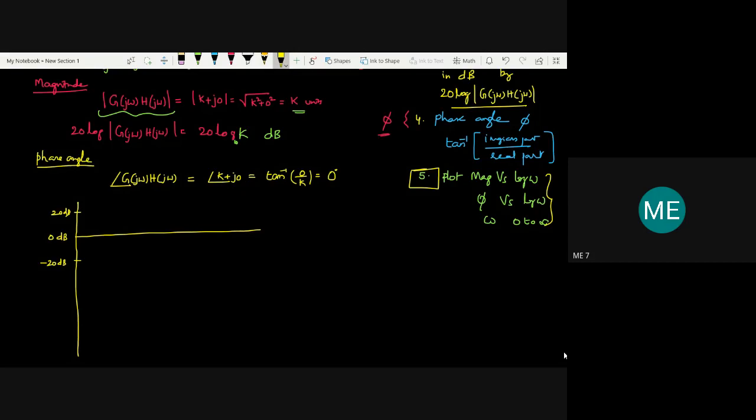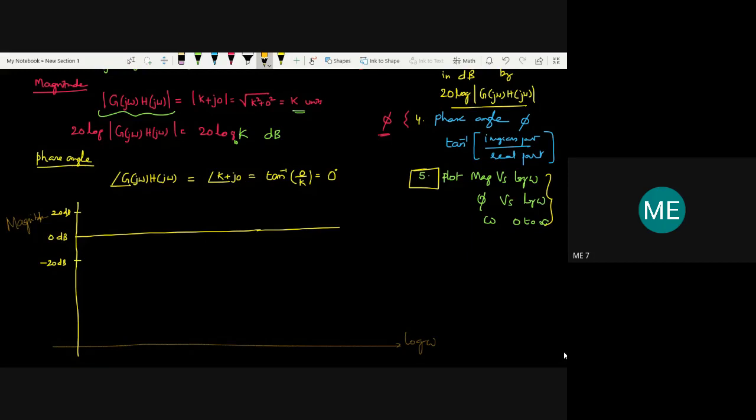This is the 0 dB line. Of course, I use a very thin line, and this is the log omega axis, with respect to omega, and this is the magnitude I want to plot here.